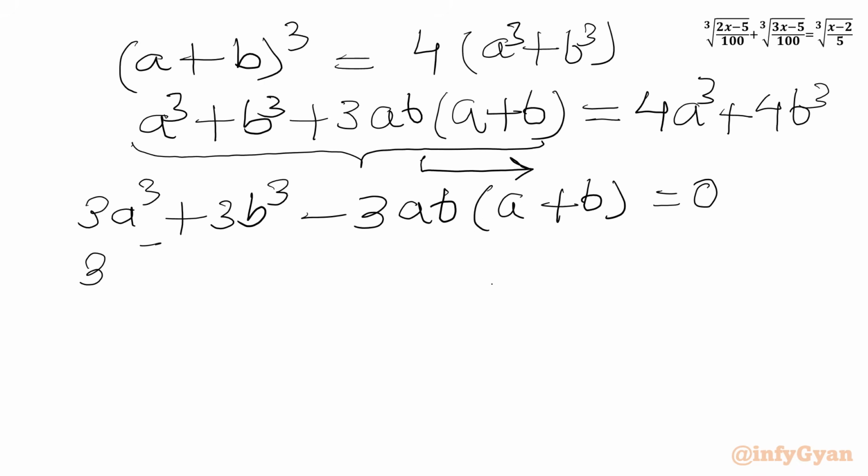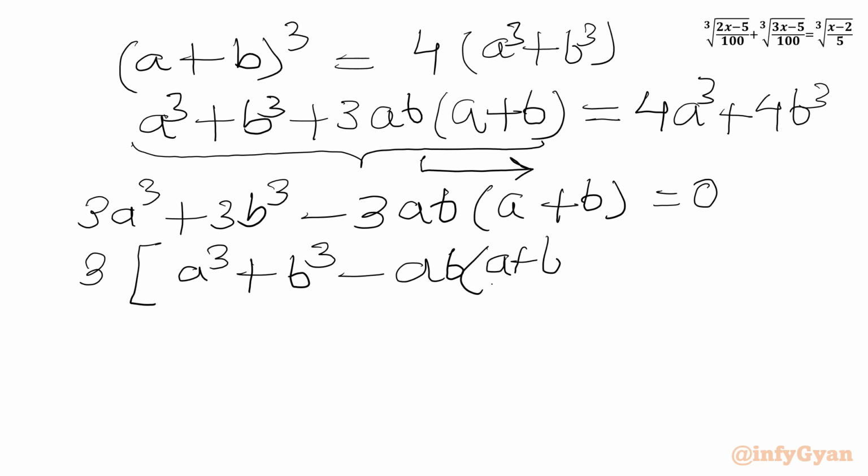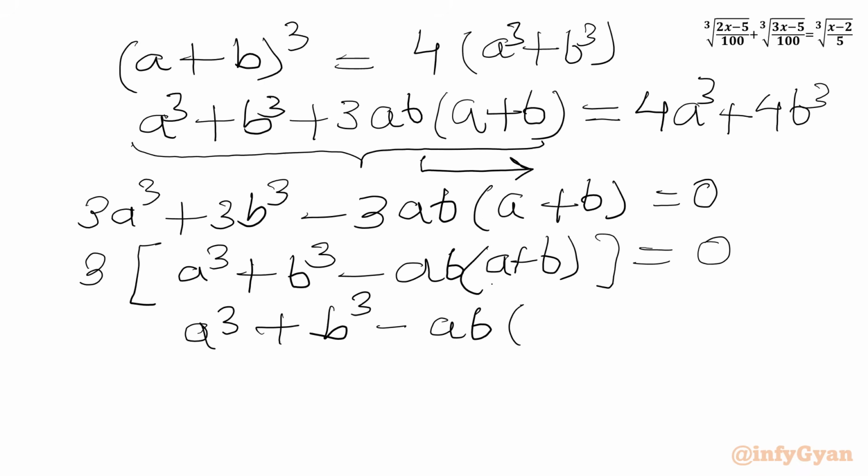We will take 3 common out. So in the bracket, we will write a cube plus b cube minus ab times a plus b equal to 0. So from here, we will get a cube plus b cube minus ab times a plus b equal to 0.